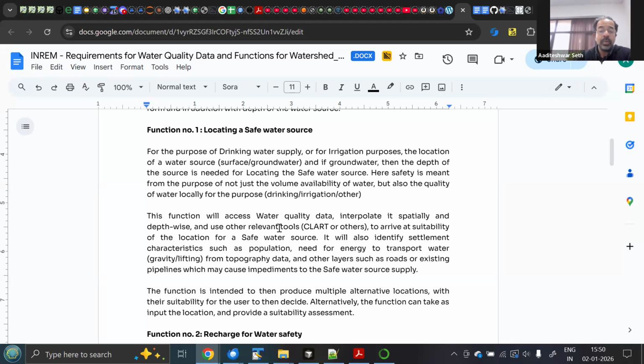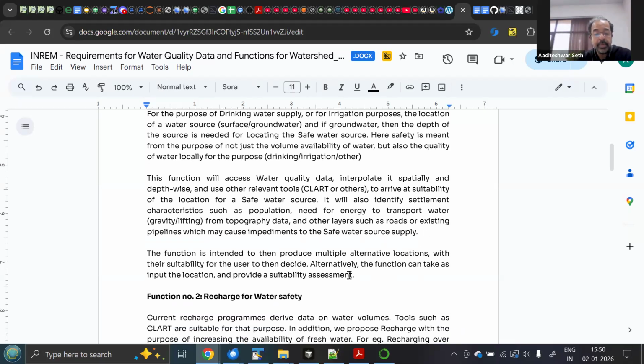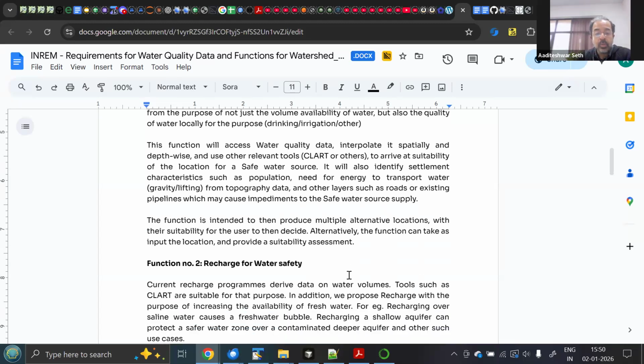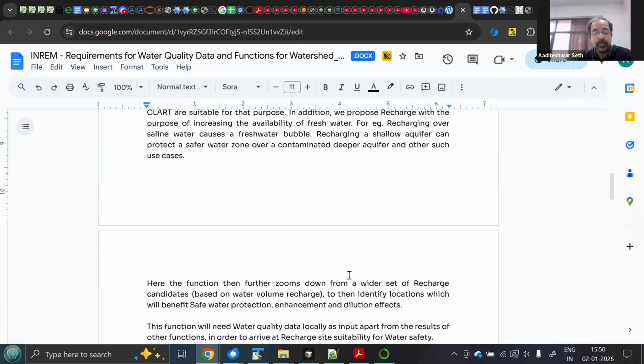So if the specific problem you want to solve is saline groundwater, this can help you identify areas where you should do more groundwater recharge from rainfall. You can also use settlement characteristics like population, and other things like roads and so on, to further prioritize which areas might be better. So these are some of the ideas that have been proposed.